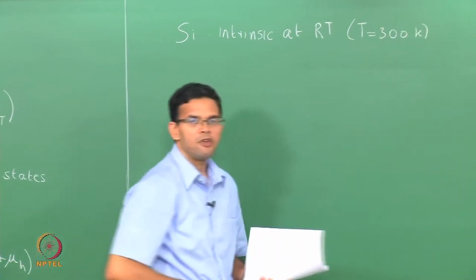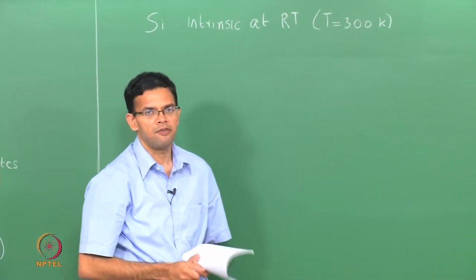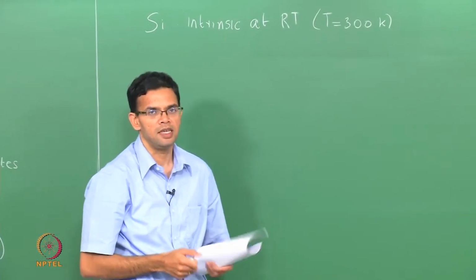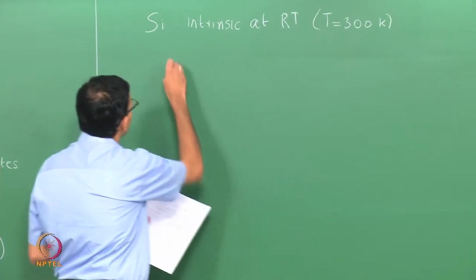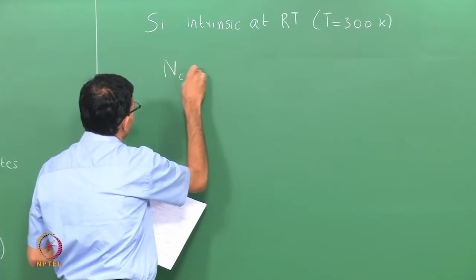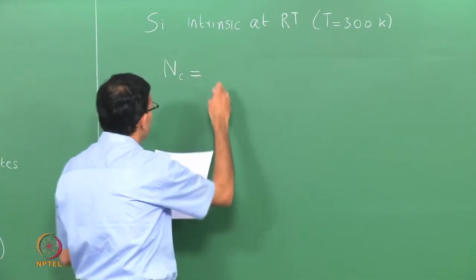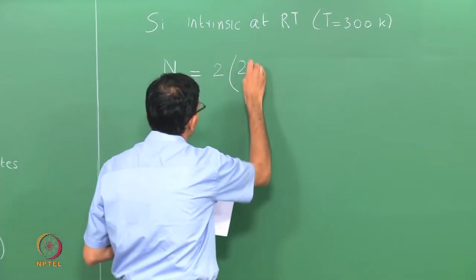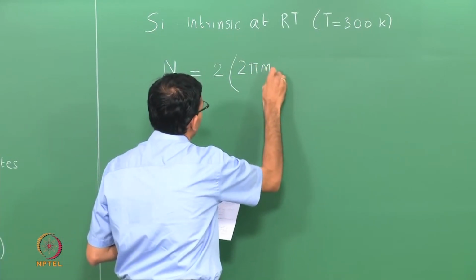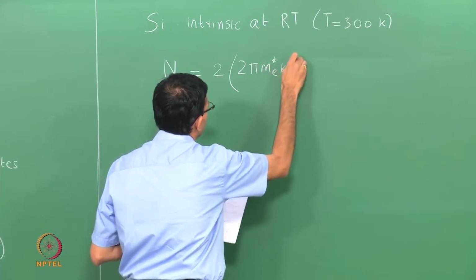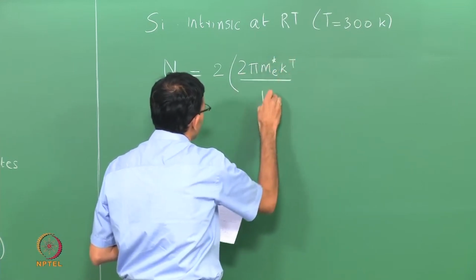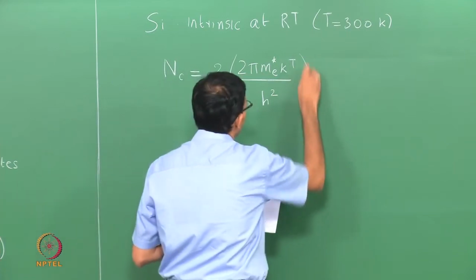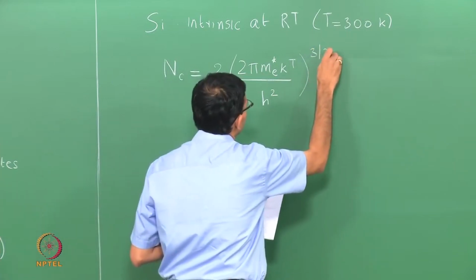The first thing we want to calculate is the effective density of states Nc and Nv. We looked at the expression for Nc and Nv last class. Nc depends upon the effective mass of the electron: 2 pi me star kT over h square, whole power 3 over 2.